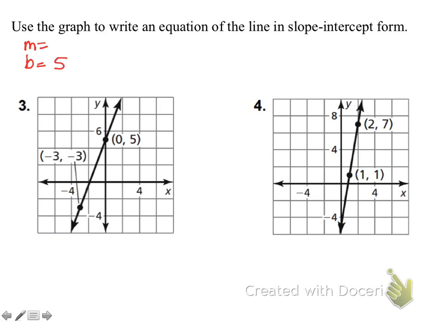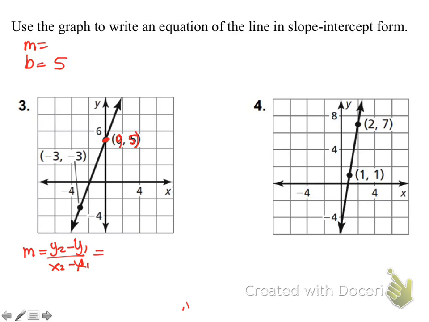Right here. It's crossing at the 5. Okay, they told us 0, 5. So when x is 0, that's your y-intercept. And then if I'm going to find my slope, m equals y2 minus y1 over x2 minus x1.